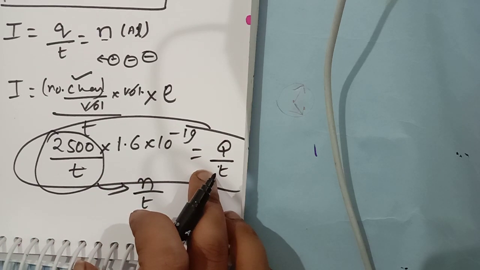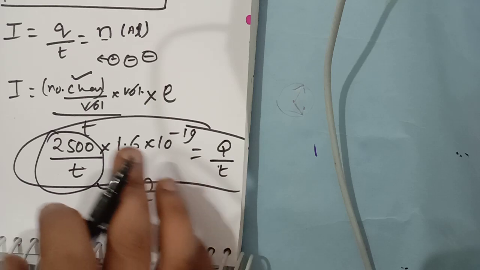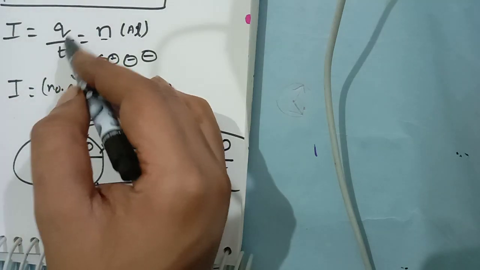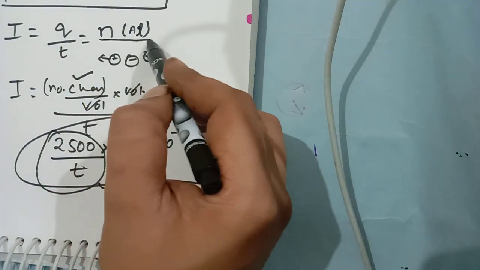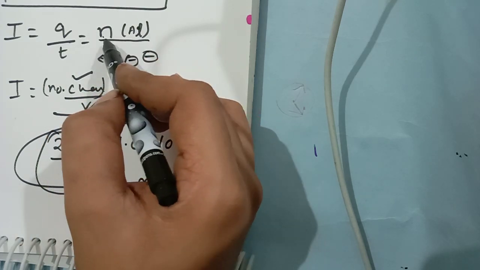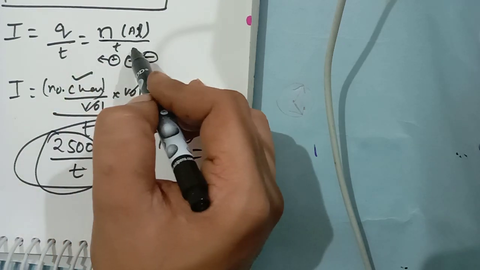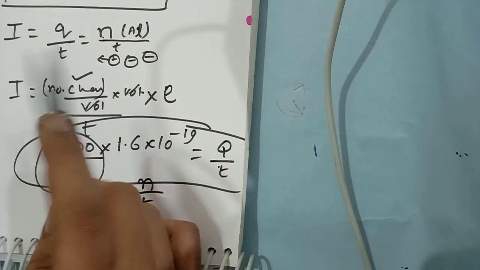Understood? What I am trying to explain is that I was Q by T. Q was the number of charge carriers per unit volume into volume, divided by time T. So what is Q basically?